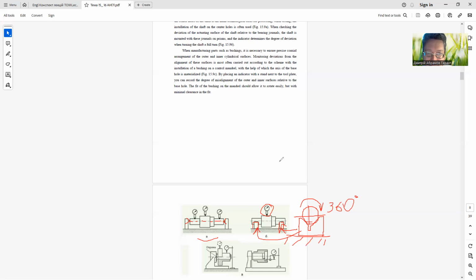By placing an indicator with a stand next to the tool plate, you can record the degree of misalignment of the outer and inner surfaces relative to the base hole. The fit of the bushing on the mandrel should allow it to rotate easily, but with minimal clearance in the fit.